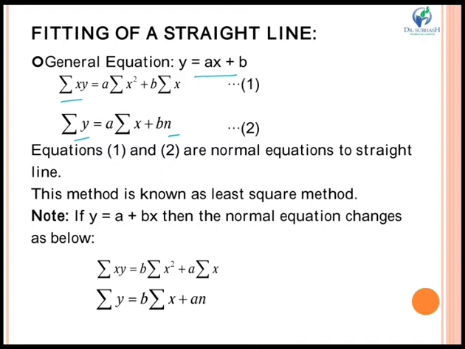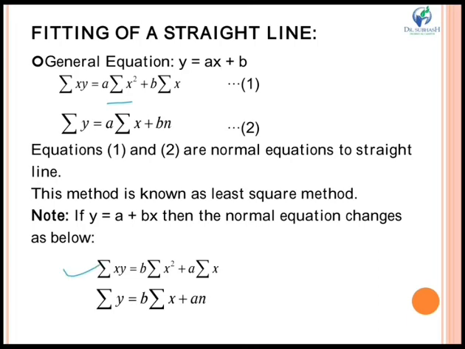Now see, if I change my equation of straight line from y equal to ax plus b to y equal to a plus bx, then my normal equations change accordingly. From equation 1 and 2, a and b will be interchanged. You can see here, in equation 1, I was having a sigma x square.